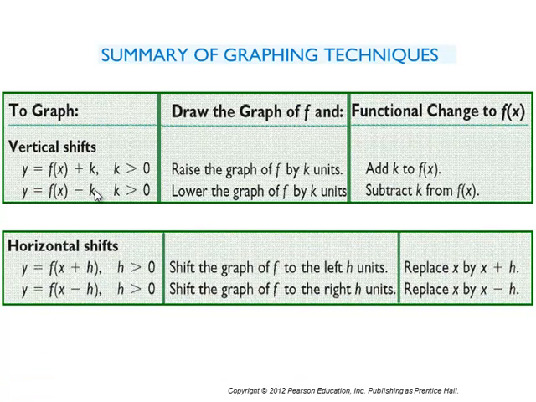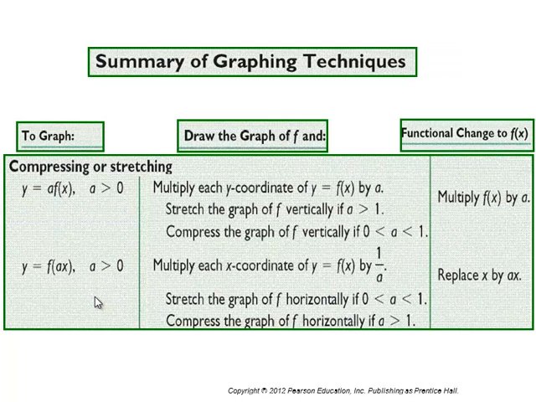If you replace x by x plus h, you'll shift the graph h units to the left. If you replace x by x minus h in the function, you'll shift the graph h units to the right. If you multiply the function by some number greater than 1, then you'll have a vertical stretch on the graph. If you replace x by 8 times x, then you'll have a horizontal compression.